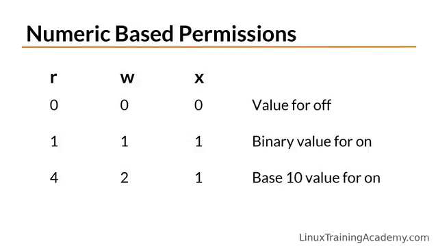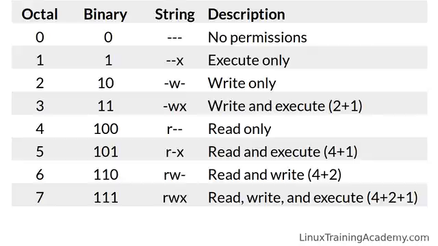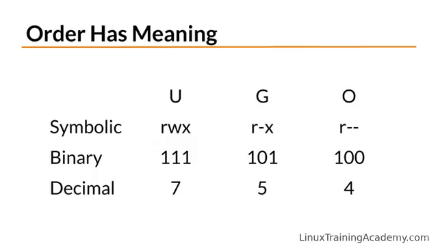The permissions number is determined by adding up all the values for each permission type. There are 8 possible values from 0 to 7, hence the name octal mode. This graphic lists all 8 possible options. The user categories are always in user, group, and other order.